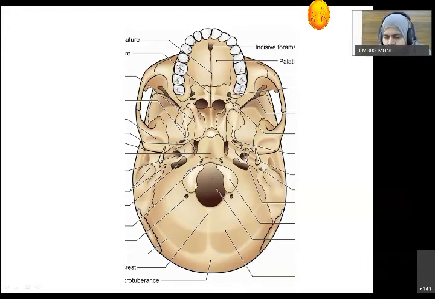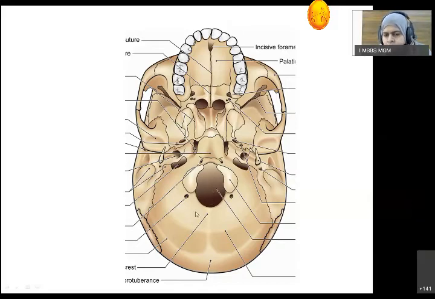From the middle portion pass the lower end of the medulla oblongata and three meninges. Through this foramen magnum, the vertebral canal communicates with the posterior cranial cavity. In the posterior-most part pass the spinal accessory nerve, vertebral artery, the nerve plexus around the vertebral artery, and anterior and posterior spinal arteries.